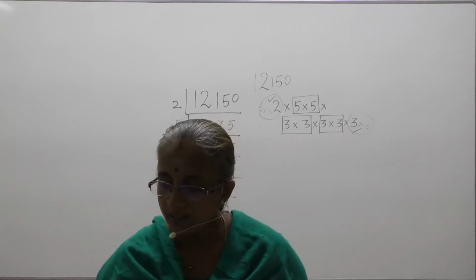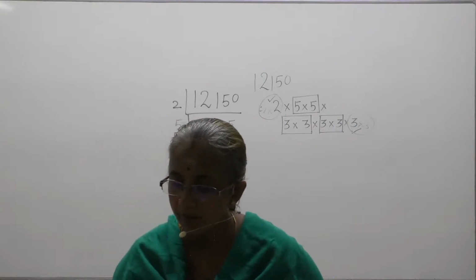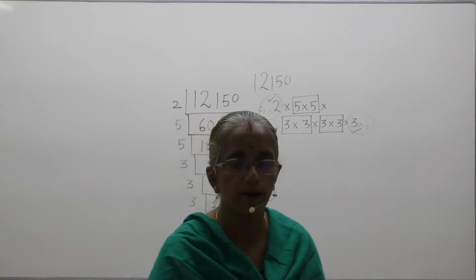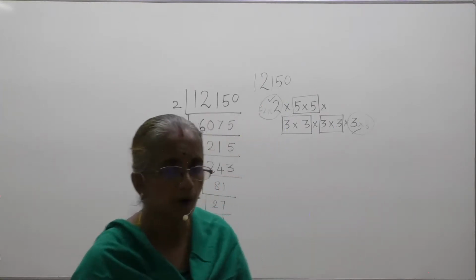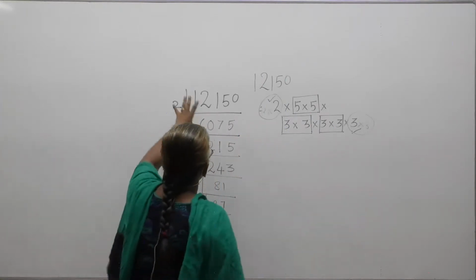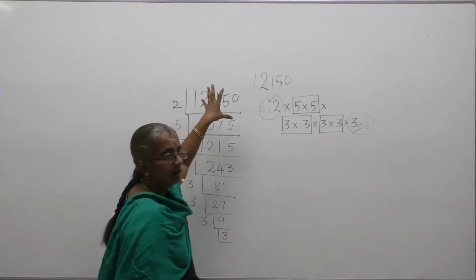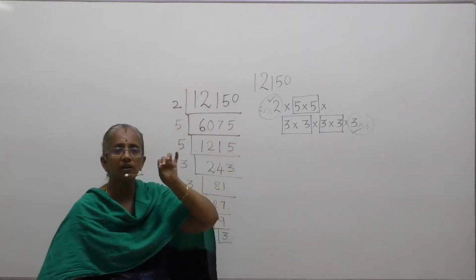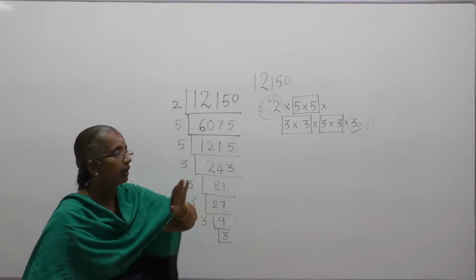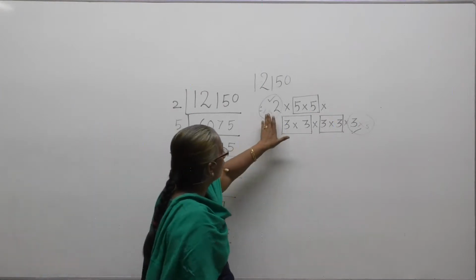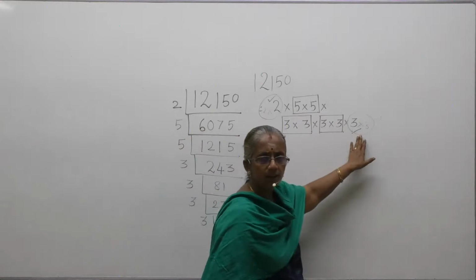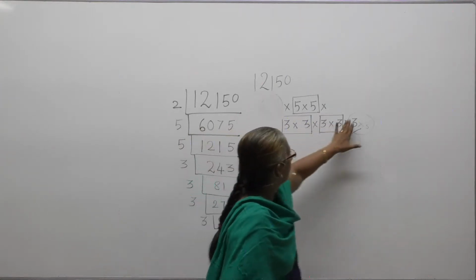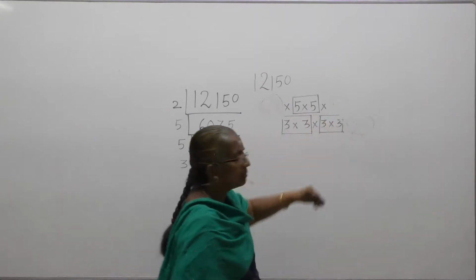Find the smallest number by which the given number must be divided so that the resulting number is a perfect square. It's very similar to this problem. If I had given the same problem, by what number should 12,150 be divided in order to get a perfect square? Instead of introducing a 2 and a 3, even if you remove this 2 and this 3, this number would have been a perfect square.